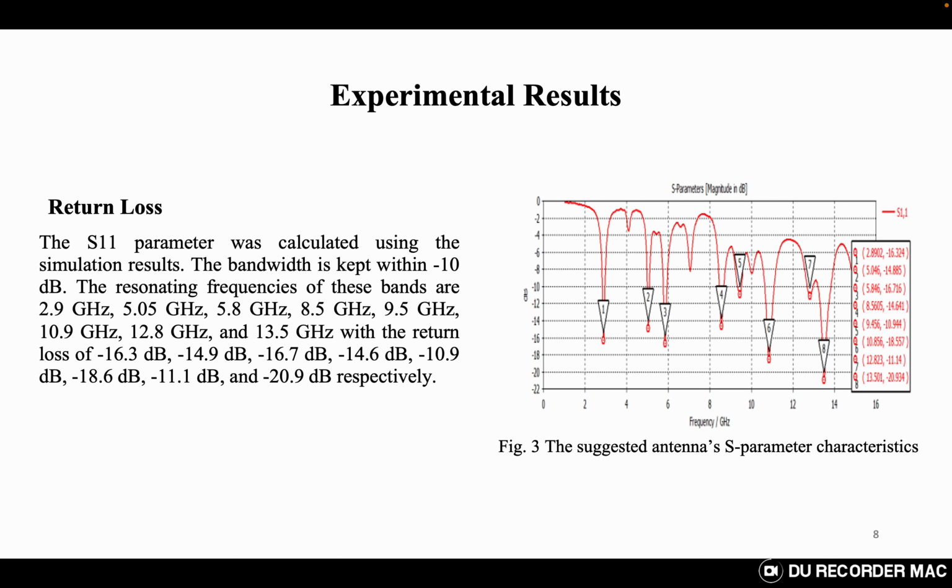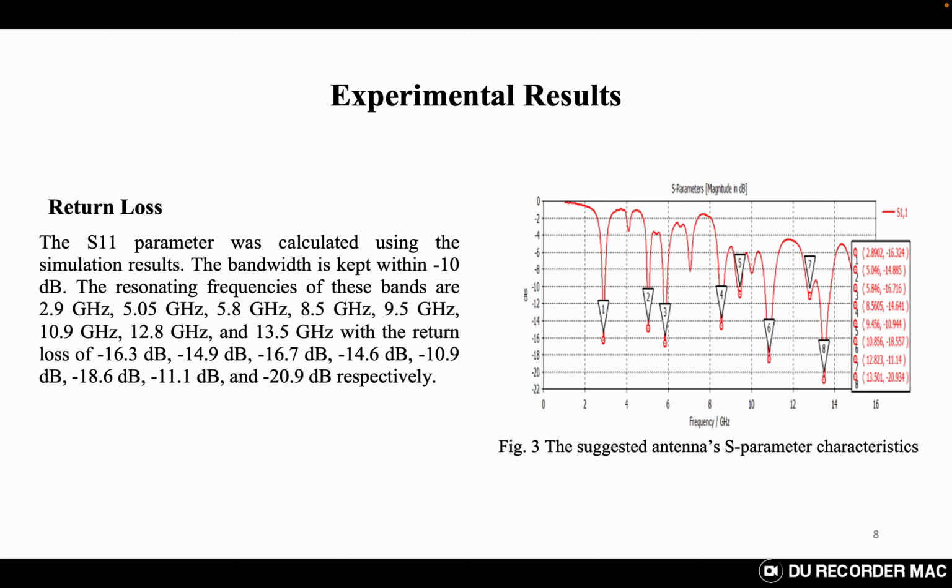This is the experimental results, and I'm going to describe the return losses of the designed antenna. The S11 parameter was calculated using the simulation results. The bandwidth is kept within minus 10 dB.